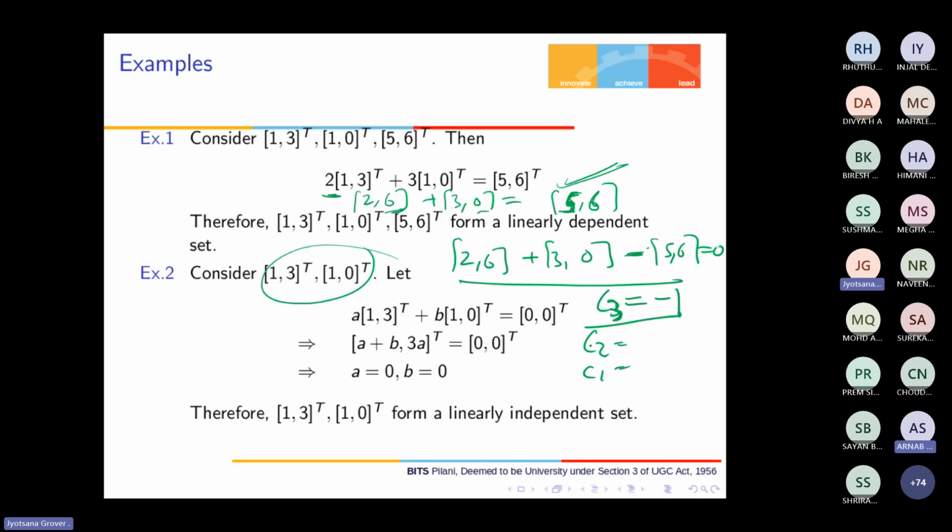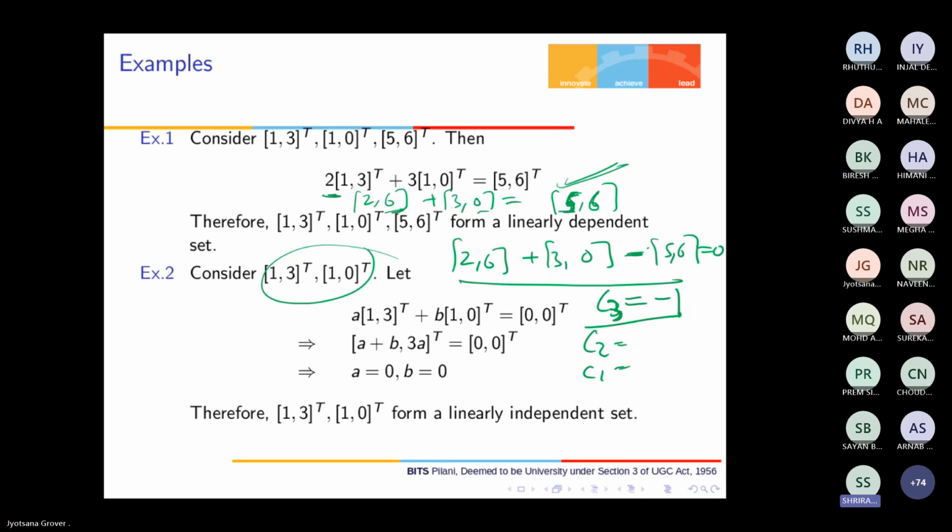Okay, my understanding is that if we are given these three vectors, and we can find any equation like a summation of two vectors equal to the third vector, like twice vector 1 plus 3 times vector 2 equal to the third, then like in example 1, we can straight away say that these are dependent, right?